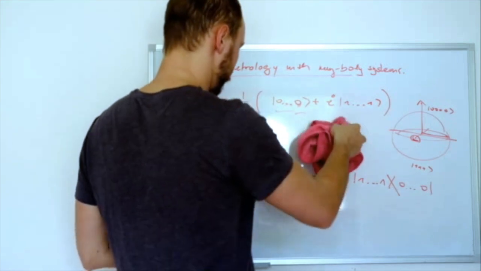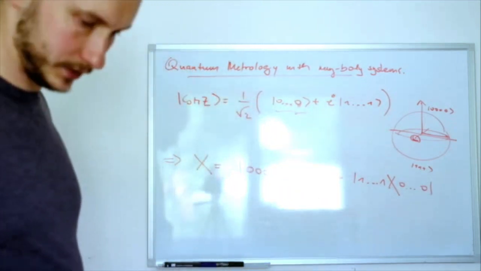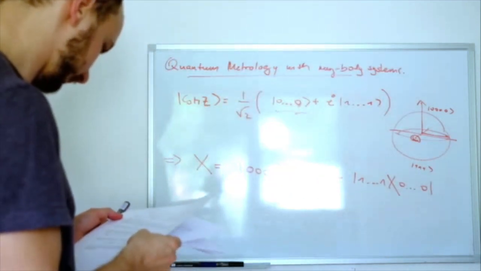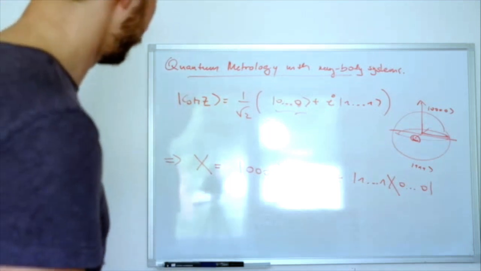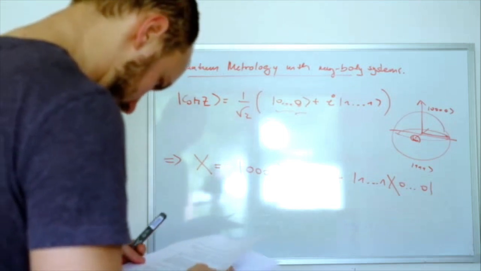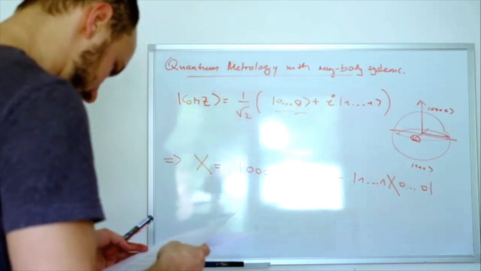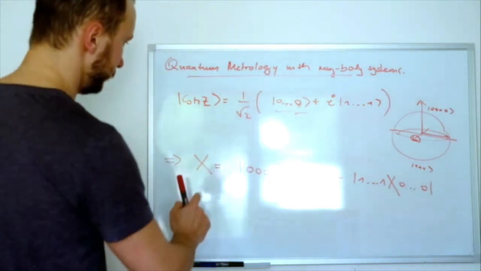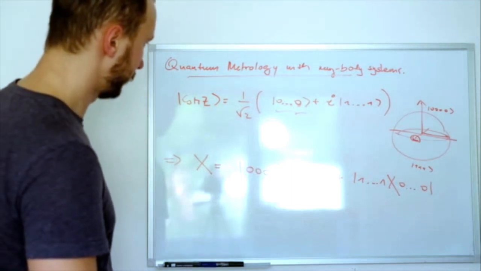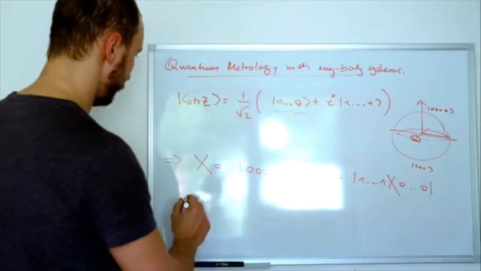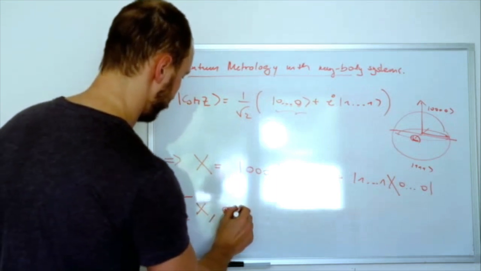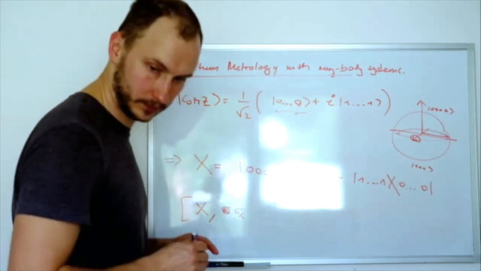But the question, of course, is: can we measure this thing? How do we measure this? Well, one way to check it is to look at this operator X and compute its commutator with the big operator, the tensor product of all sigma x operators.